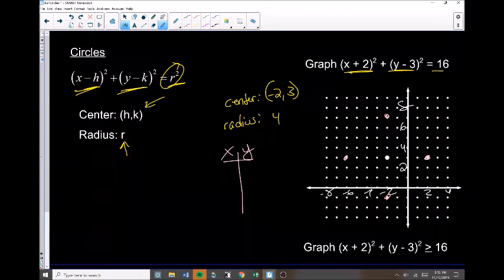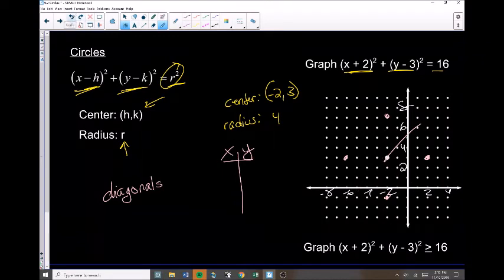But here's another trick I have to find 4 more locations of points. Not their exact coordinates, but at least how to plot 4 more points really simply. I'm going to think about the diagonals. And by diagonals, I mean if I was going 45 degrees in any direction, 45 degrees from the center, so like 45 degrees here, here, here, and here.